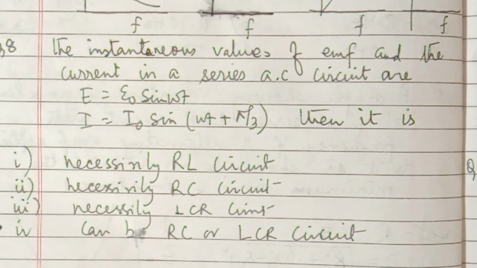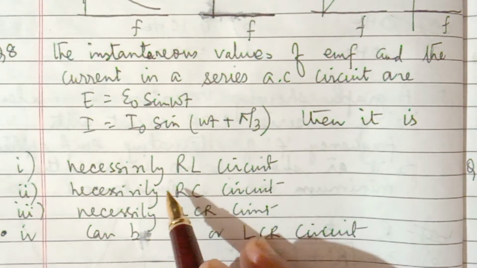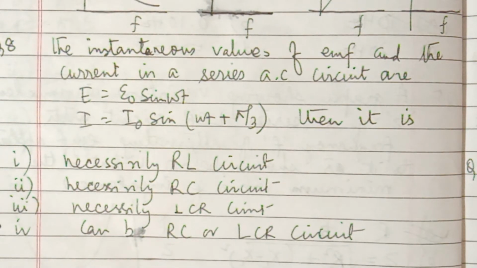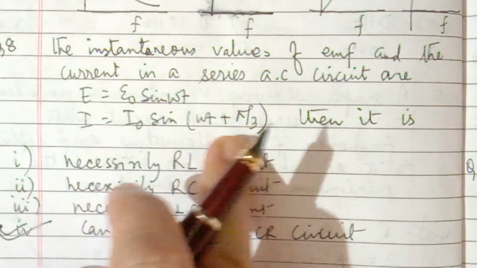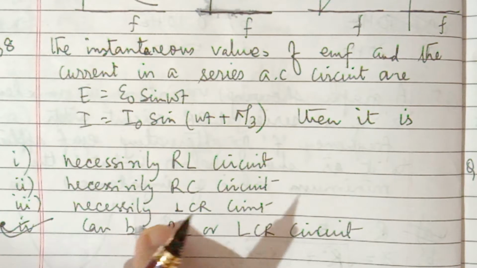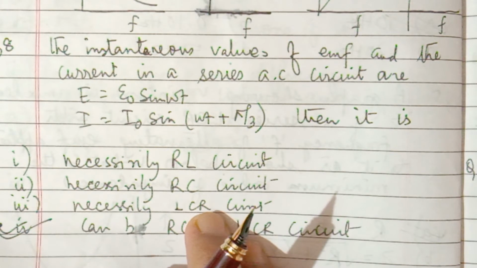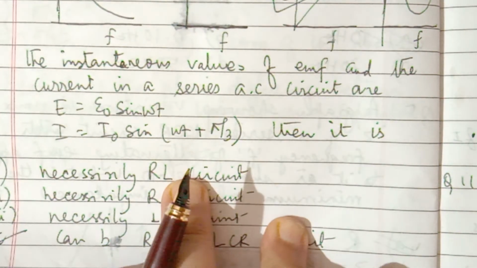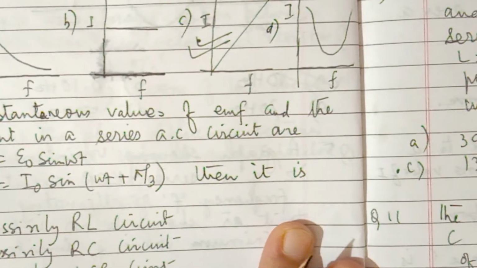Then capacitance, in capacitance the current stays ahead, so it can be RC circuit and it can be LCR circuit also. Okay, so a fourth option is correct because current is leading, so it is capacitive circuit. So it can be either RC or LCR, it will not be RL, in which the current lags in the inductor. Okay, so that way you can decide.